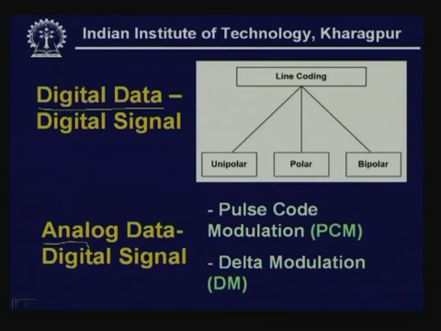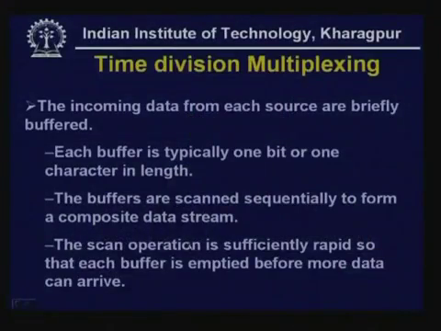Similarly, if the original data was in analog form, then digital signals can be generated by using pulse code modulation or delta modulation. In either case, ultimately we have got digital signals. These digital signals, as you know, are expressed in terms of bits per second or kilobits per second, that is the data rate, and these digital signals can be sent through a medium by using time division multiplexing.